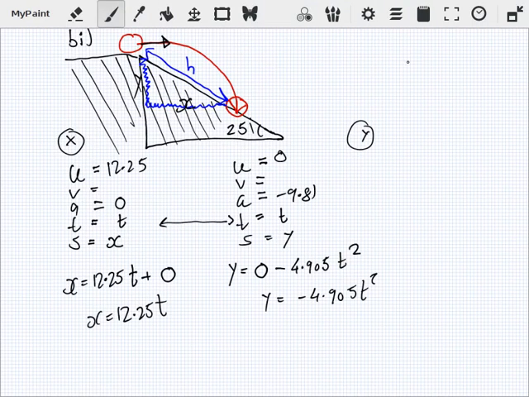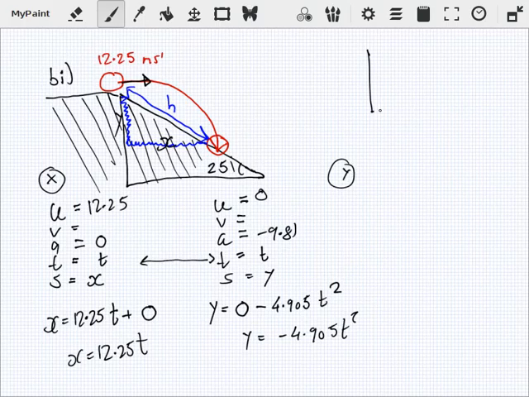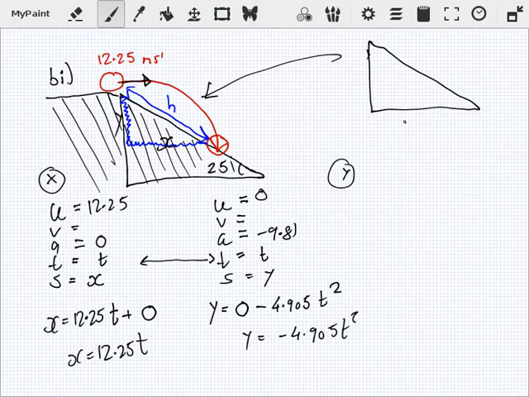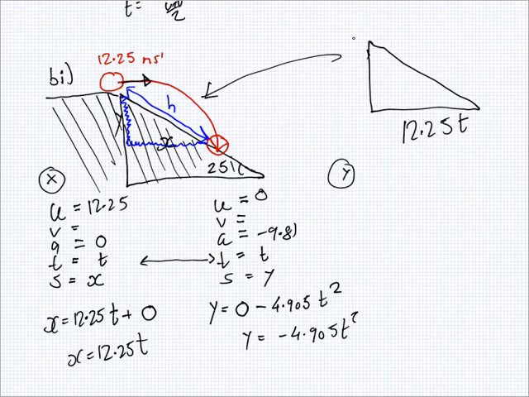Right, so tell me this. If I just redraw my triangle, how big is this side, the x? It's 12.25t. And now wait, don't just answer without thinking, okay? Think please. How big is the height of this triangle?